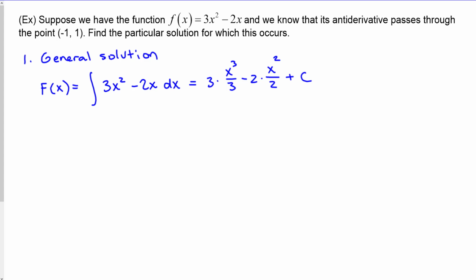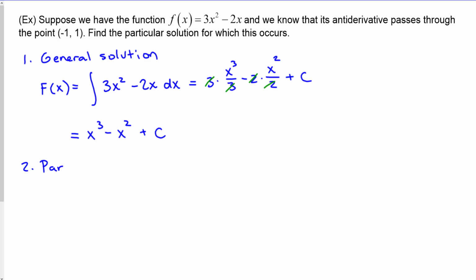Here the 3's cancel and the 2's cancel, so my general solution is x cubed minus x squared plus c. Every single antiderivative is going to have this form, but we want to find the one particular solution that passes through negative 1, 1.